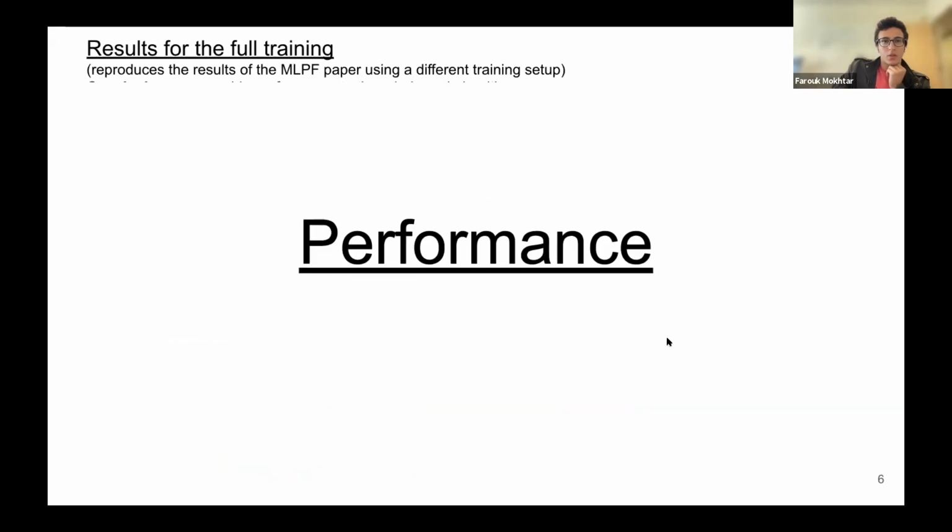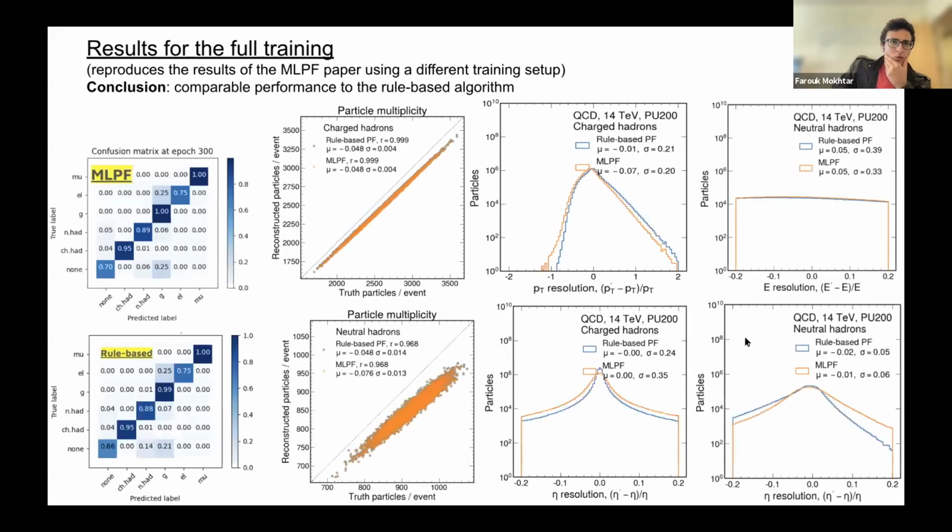So for the performance, here's the result for the full training. You can see there are different plots which we can use to assess the performance of the model, and we're always comparing to the rule-based algorithm to see if MLPF is really working. From these plots, we can conclude that there's comparable performance to the rule-based.